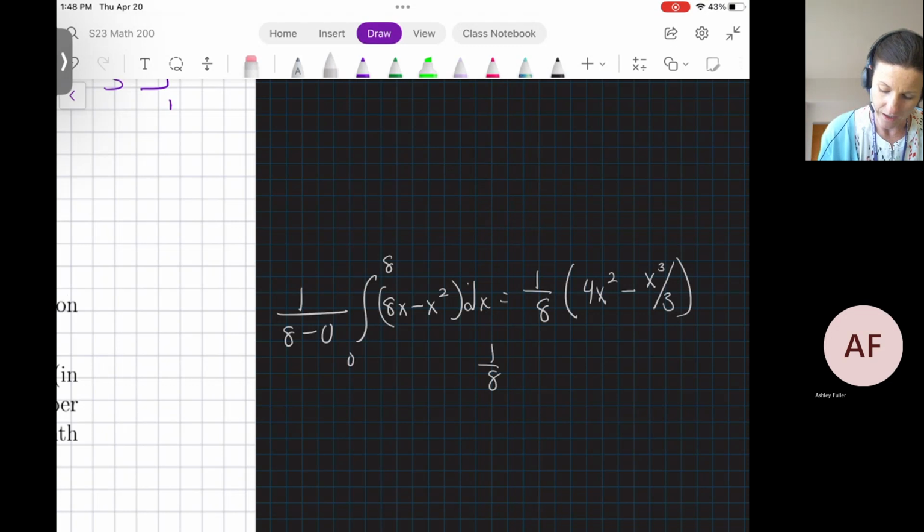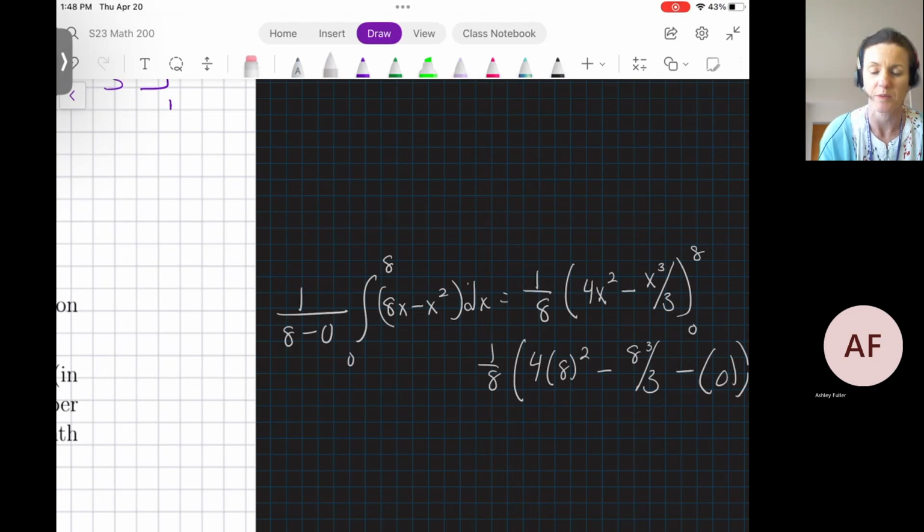When we plug in our values from 0 to 8, we are left with 4 times 8 squared minus 8 cubed over 3, minus the value at 0, which is 0 for each of those terms. Performing our operations there, we're left with a value of 10.6.